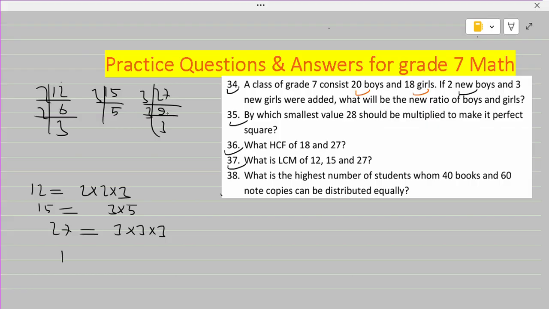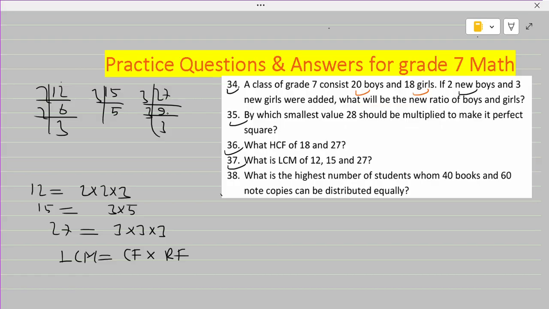And now to find the LCM, what we have to do here is make the product of the common factor and the remaining factors. For the LCM, if a factor is common in any two of the given numbers, then it can also be considered a common factor. It's not needed to be common in all the numbers given, whether 2 numbers, 3 numbers or 4 numbers.